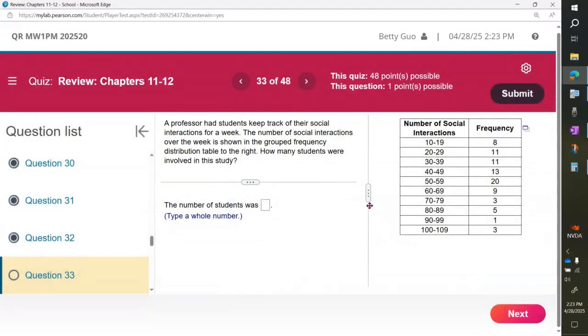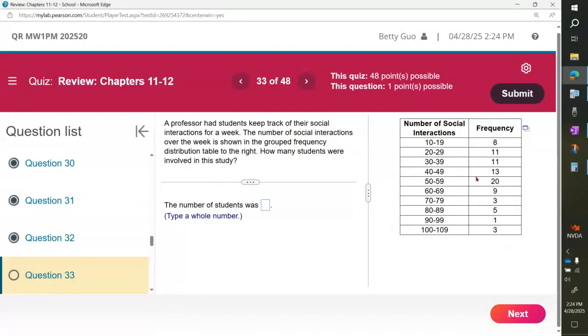Question number 33. A professor had students keep track of their number of interactions for a week. Similar to earlier. How many students were involved in this study? We are trying to figure out how many students are involved. 8 students report this. 11 students report 20 to 29 times. 11 students report 30 to 39 times, and so on.